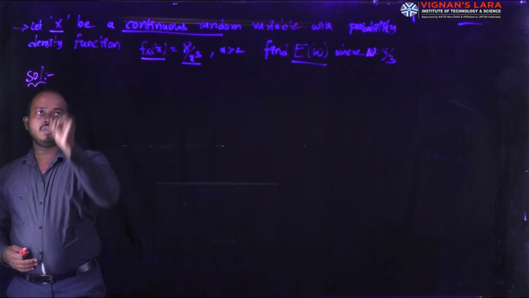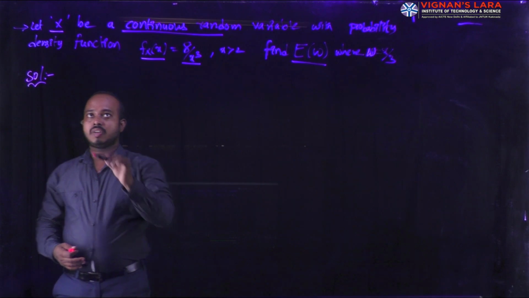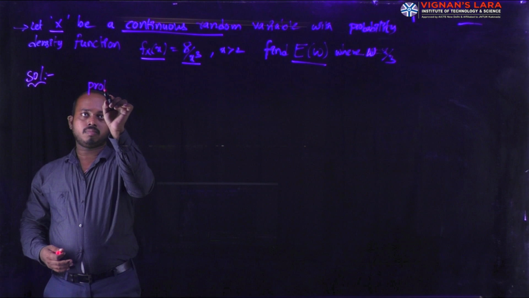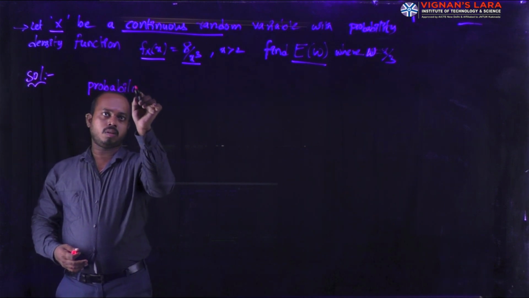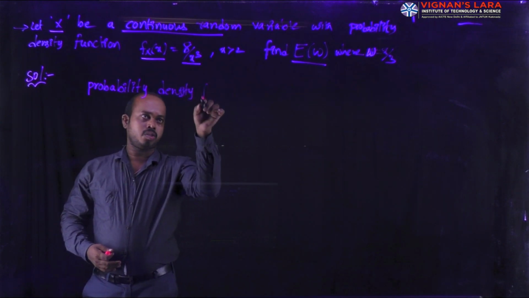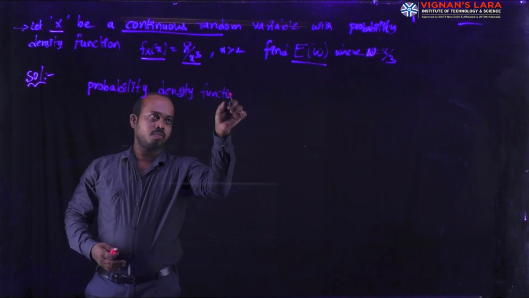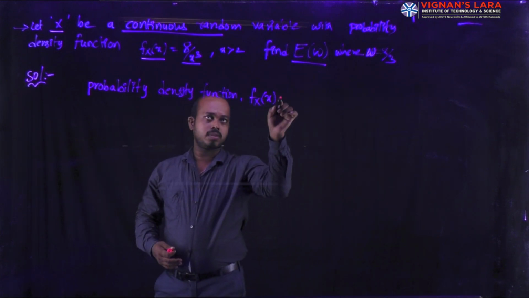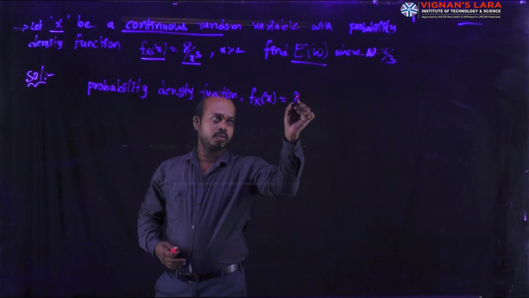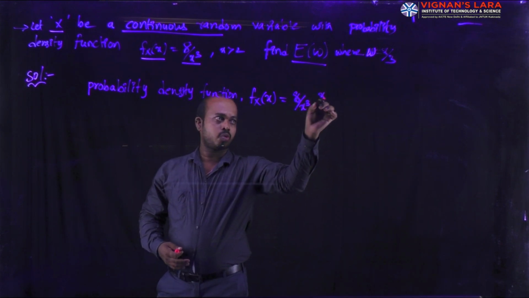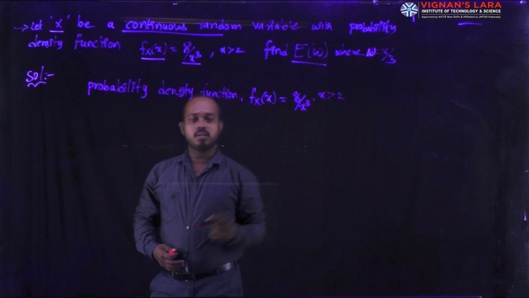The solution of this problem: here you can write the given data. The probability density function f(x) is equal to 8 by x cube, where x is greater than 2.